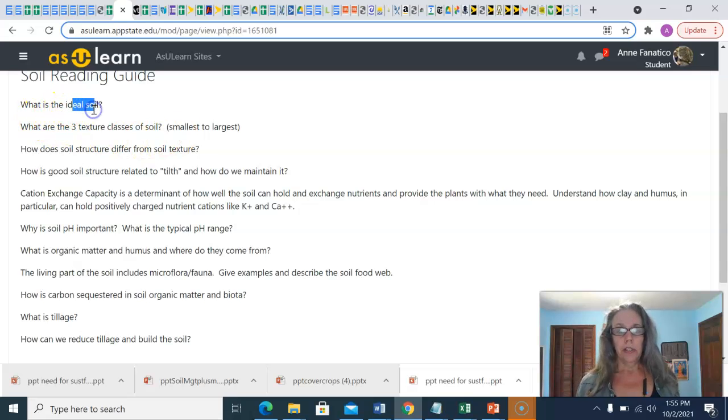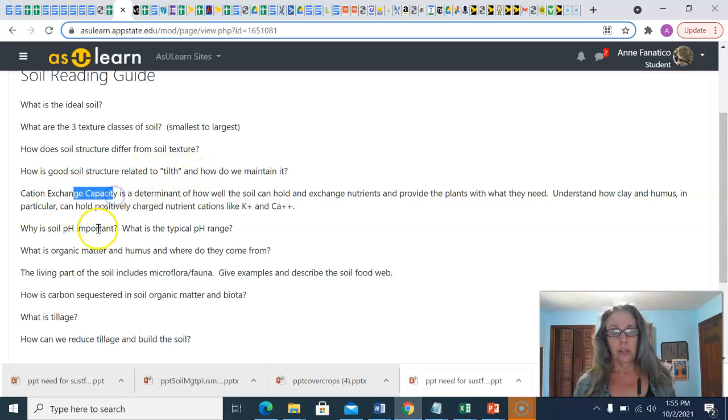We talked about the ideal soil, that it might surprise you that a lot of the ideal soil is actually pore space, about 50% pore space for air and water. We looked at how the soil structure differs from soil texture because it includes the aggregate forms, and the aggregates are created from organic matter. And that's something that we can definitely influence, and that's how we get good tilth.